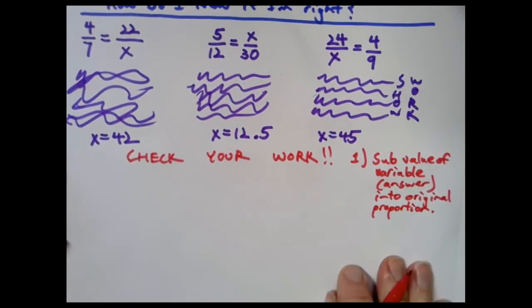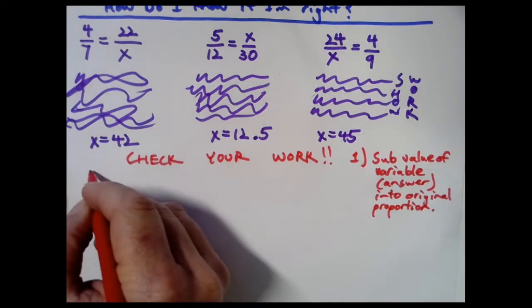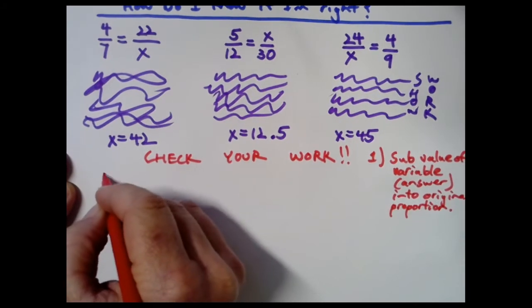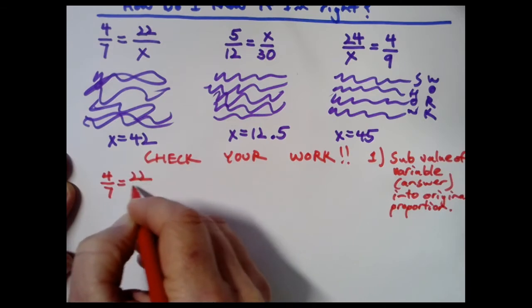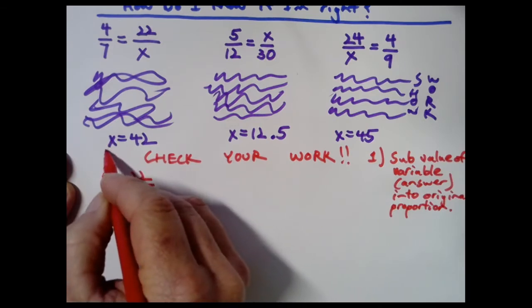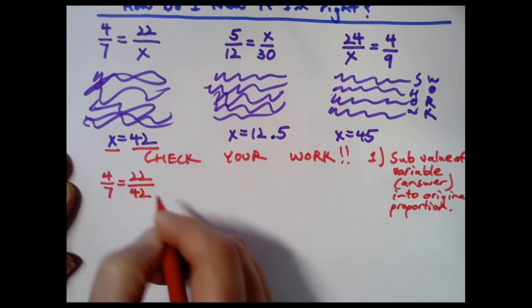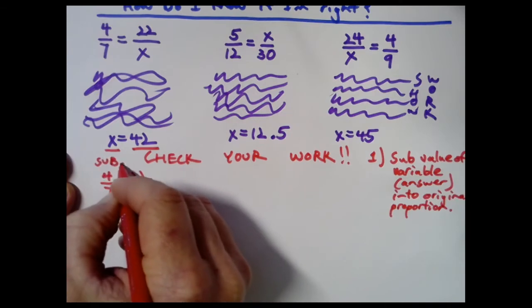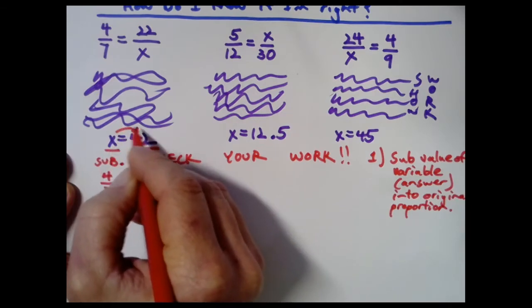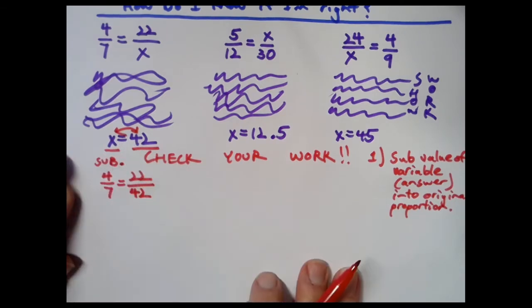So, for example, I go back up here. 4/7 equals 22 over x. Instead of x, I want the 42 there. So that's called the substitution. Since they're equal, they can go in the same place.